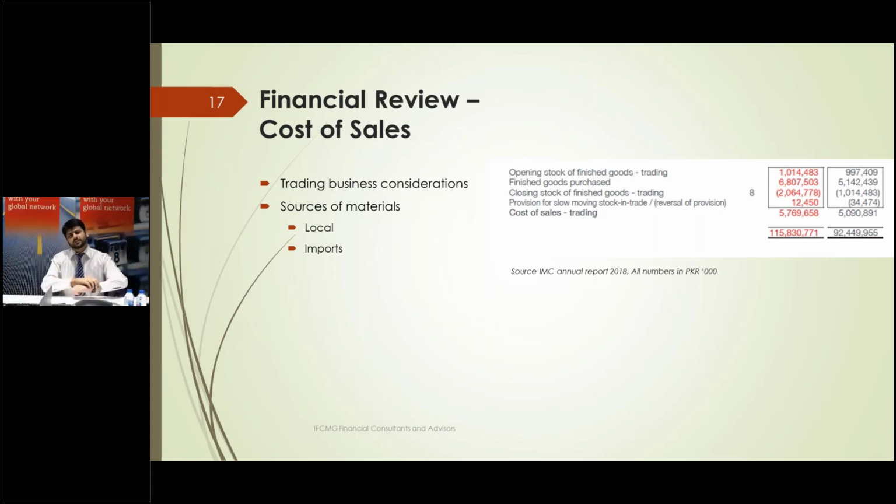It was reported last month that there's been a drop of around 50-70% approximately in the imports of reconditioned or used cars in Pakistan. Correspondingly, this should be impacting the local economy a little better. But again, these are the things that we need to consider when analyzing the cost of sales.